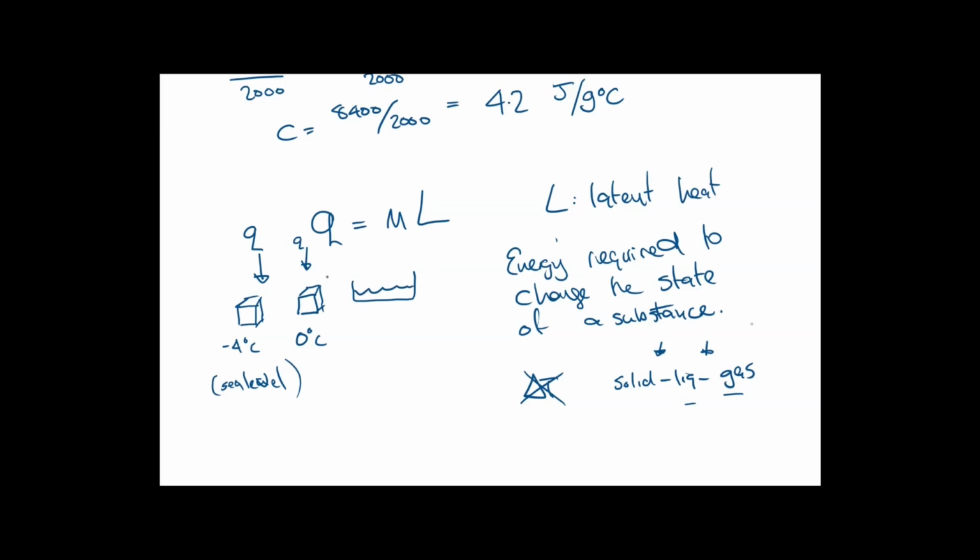So the energy to get from here to here is mL, the mass of that liquid times the latent heat capacity of that liquid.